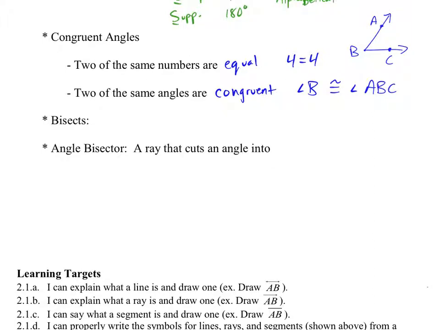Good. Dissect in science class means you cut up something. Bisect means you cut it into halves, into two equal parts. So bisect, cut in half. So if you're going to have an angle bisector, it's going to be a ray that cuts an angle into two equal parts.